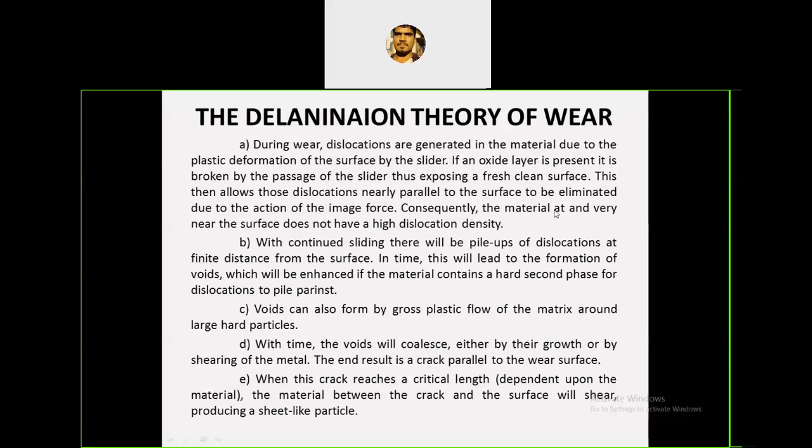Because of the action, those sublayers will break off and wear off the material. Again there is a fresh layer, and again on the fresh layer there is plastic deformation, voids, propagation and a sublayer. Again they will break off. In this way, wear will take place. Is it clear?